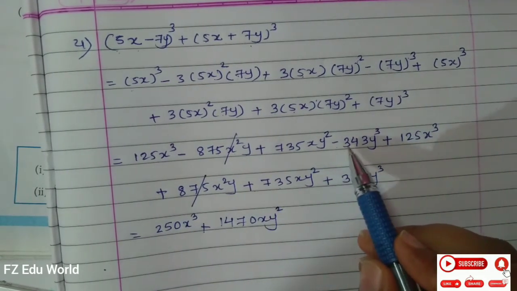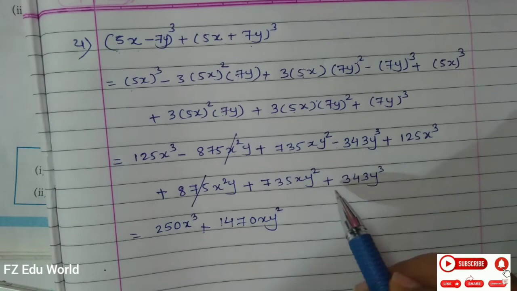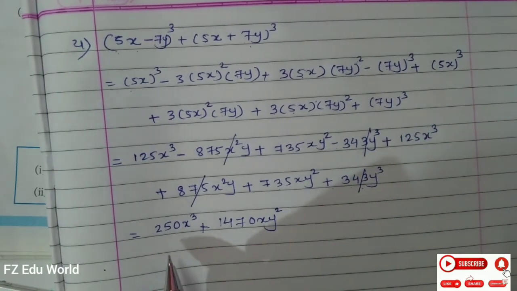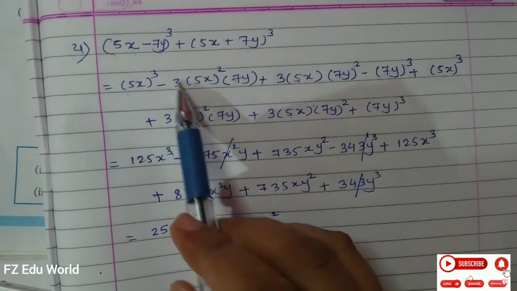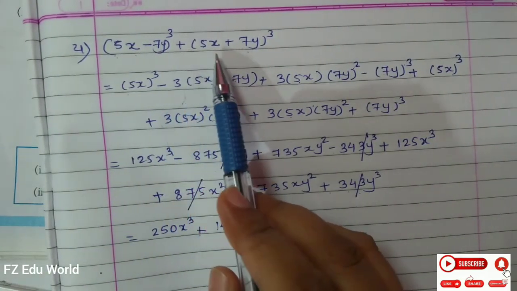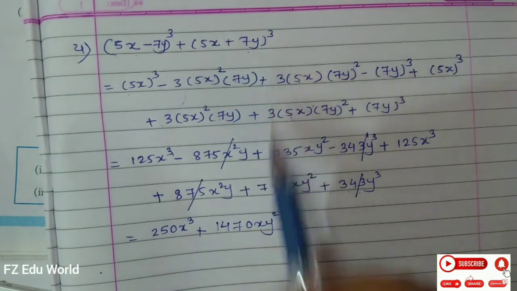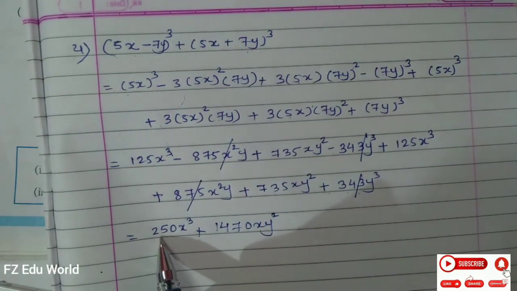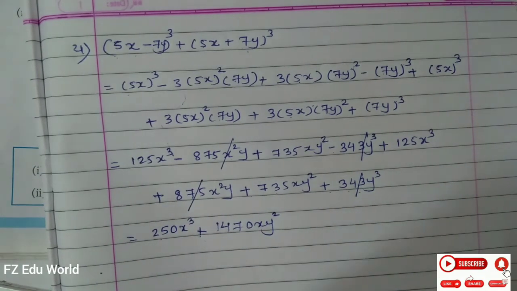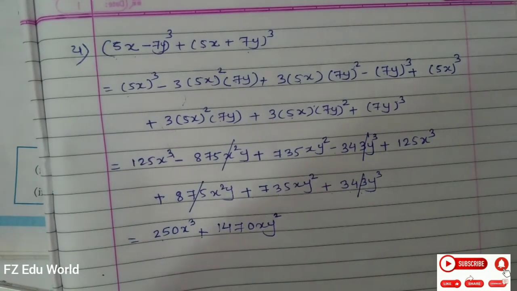Next, minus 343y³ plus 343y³ will get cancelled. So, the simplified form of (5x minus 7y)³ plus (5x plus 7y)³ is equal to 250x³ plus 1470xy².